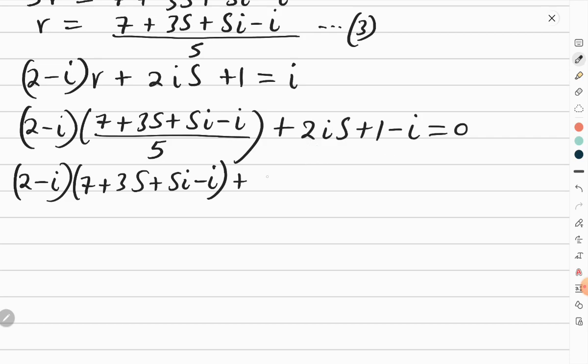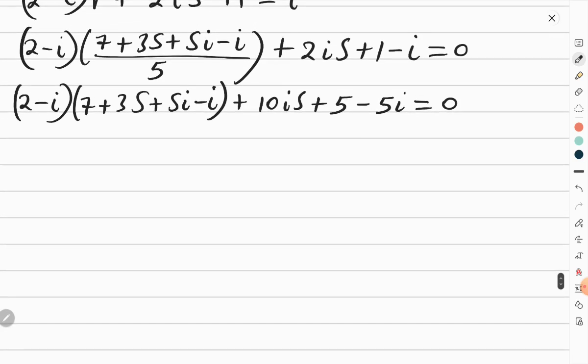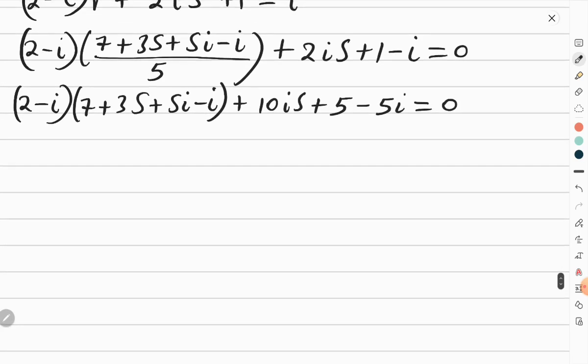So you'll be having what now? 10si, then plus 5, then minus 5i is equal to 0. So let's just be careful. My 5 usually looks the same as s, but that is why I'm trying by all means to make them look different. Now we can just expand this binomial times polynomial.